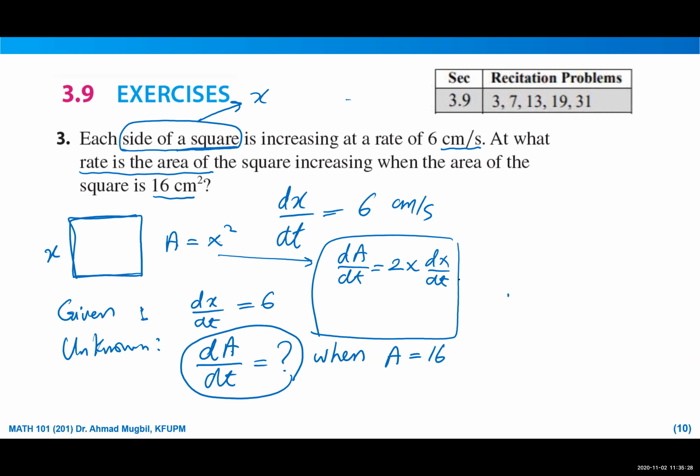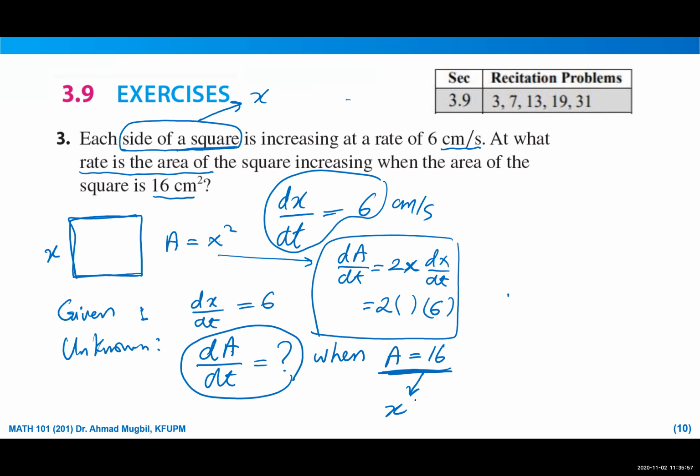So x and A here are both functions of time. So now I have dA dt equals 2x dx dt. Now I need to find x. dx dt is 6. Now what is x? When A is 16, what will x be from here?